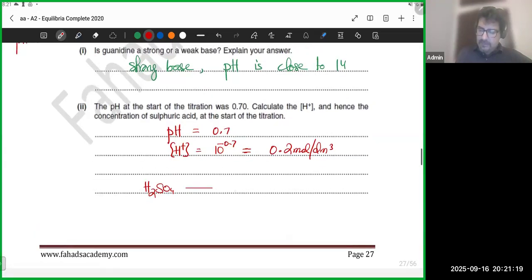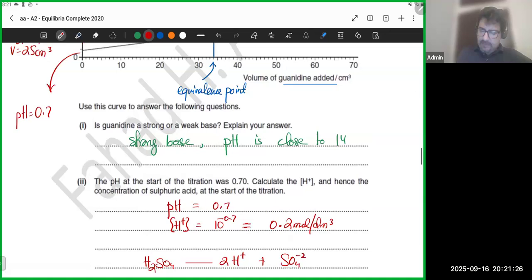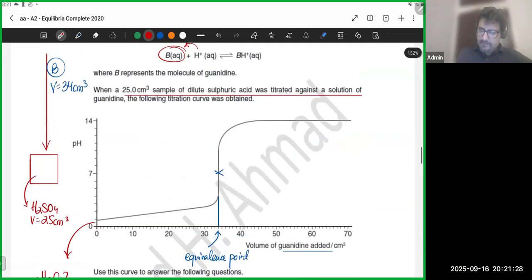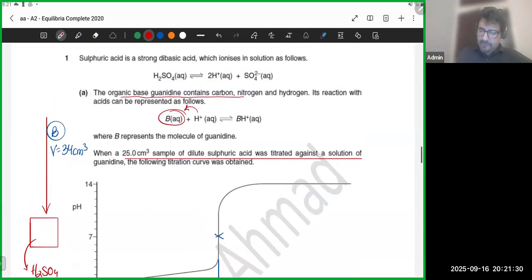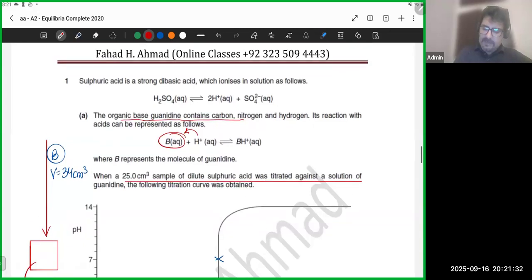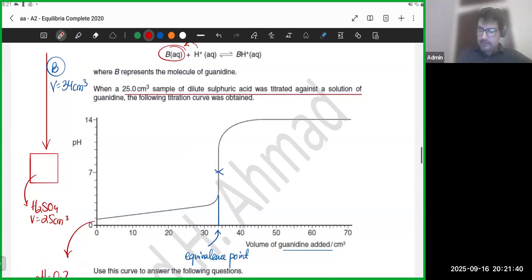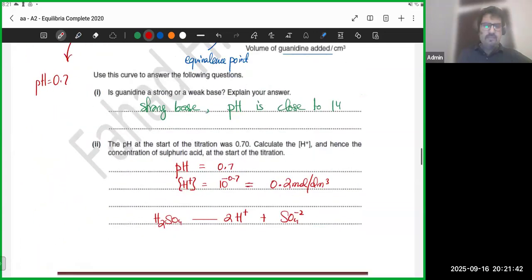I'm going to assume that he is saying that in the question. But he did say that it's a strong dibasic acid which ionizes in solution as follows. So we're assuming that it is completely ionizing, and that's probably the only way we can solve this.